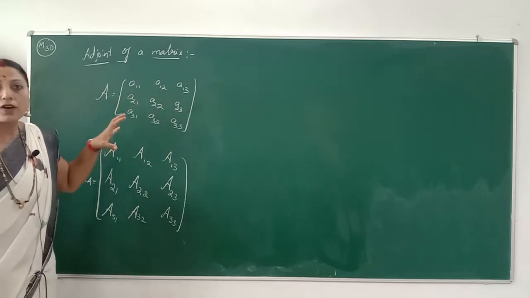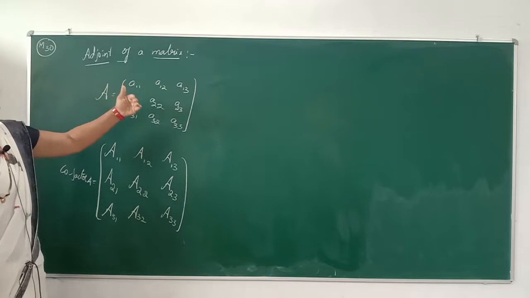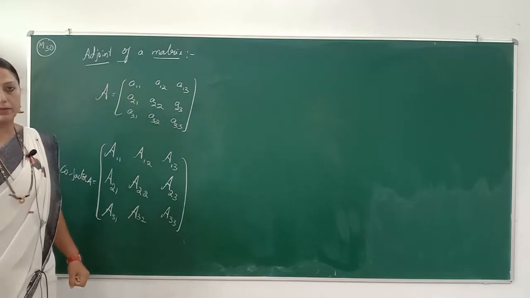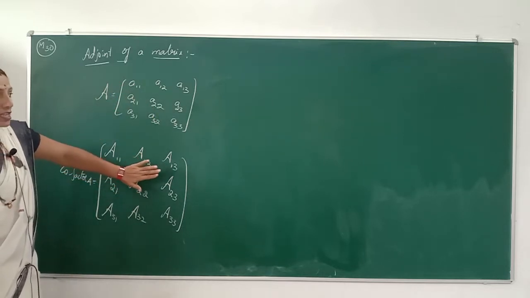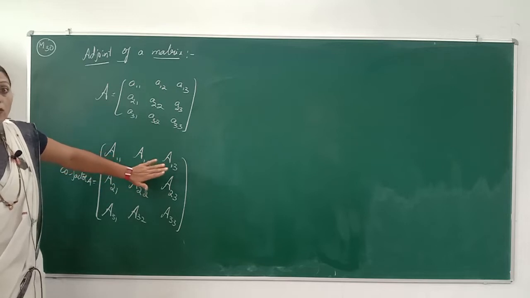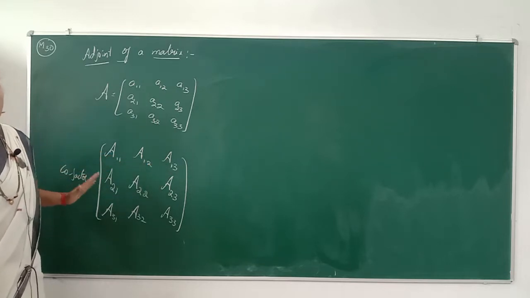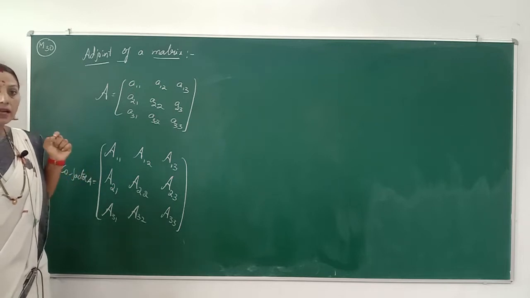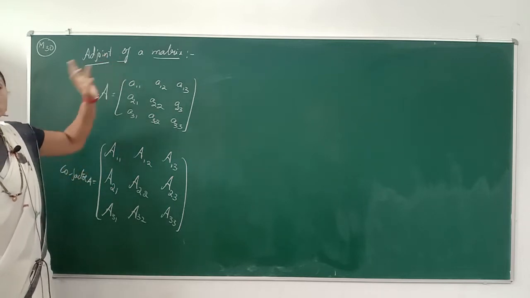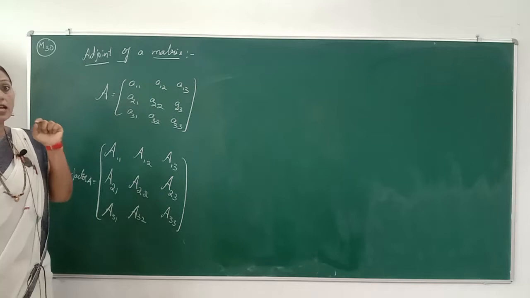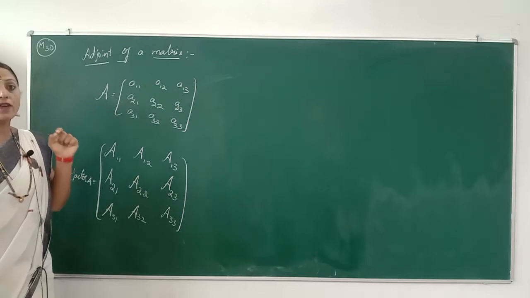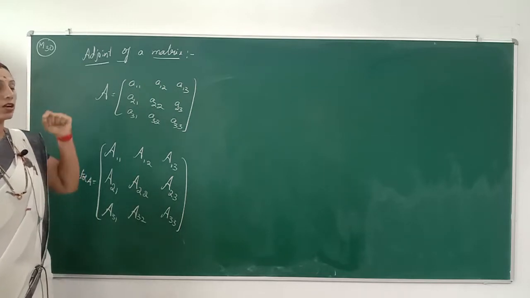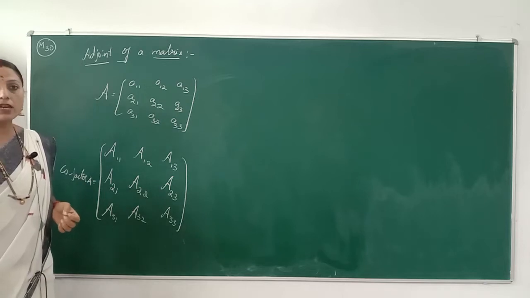Similarly, if all the elements have cofactors of the corresponding elements, then the transpose of the cofactors of the matrix A is called the adjoint of a matrix.